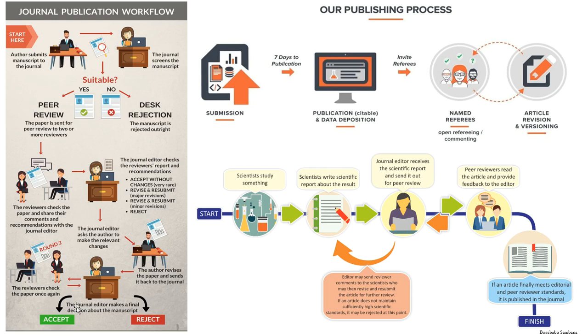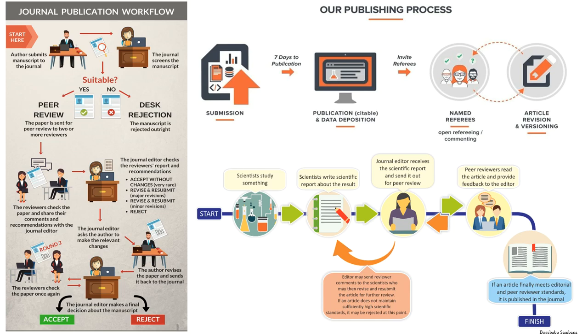This is the indexing of journals by Scopus, Web of Science, SCI, social sciences indexing, or PubMed, based on your research fields and research areas, so the indexing is also different.